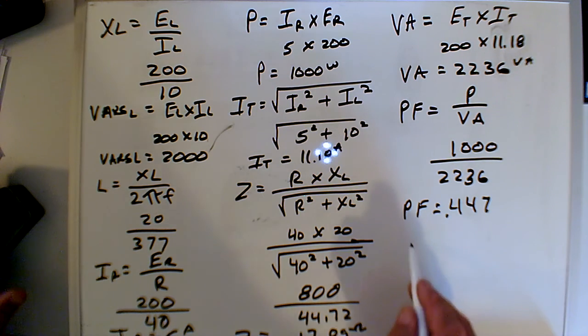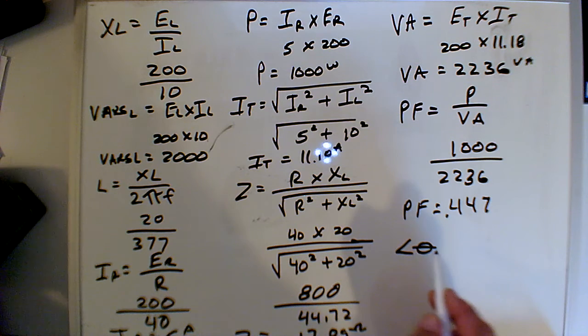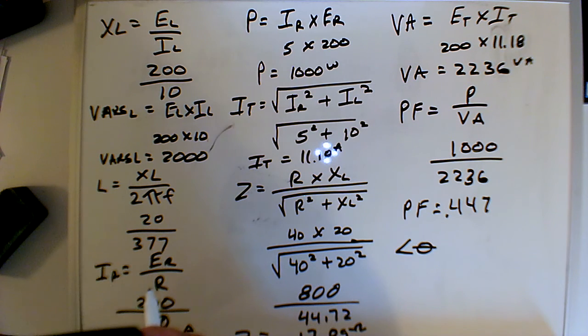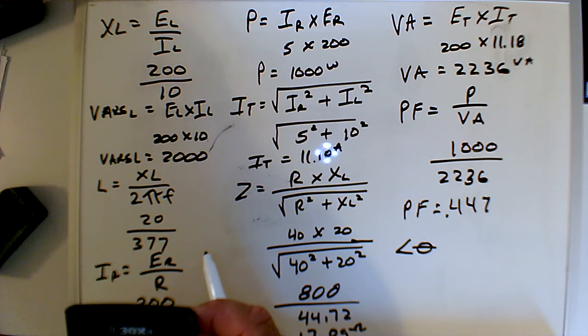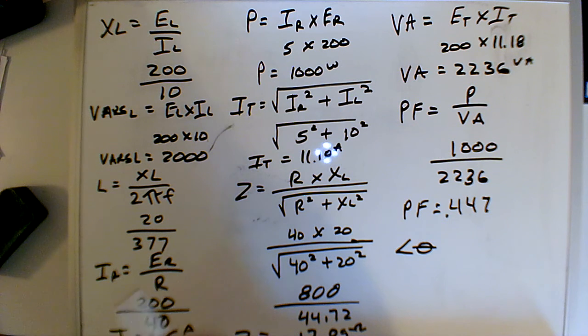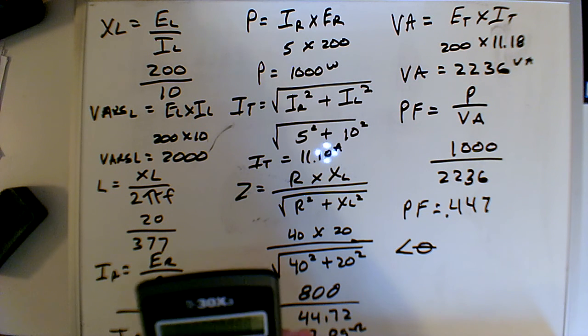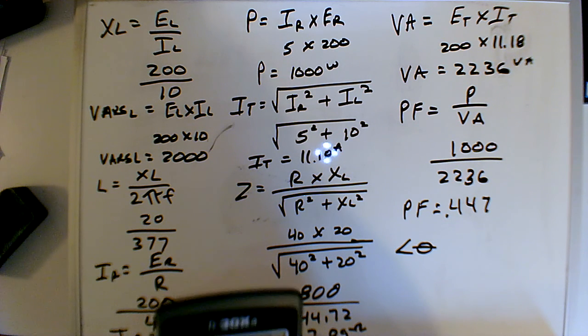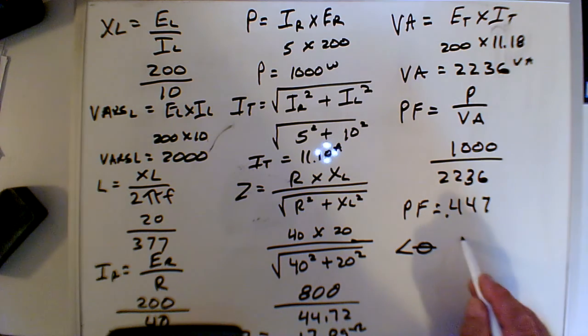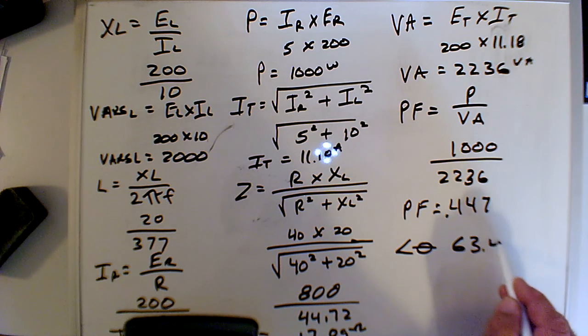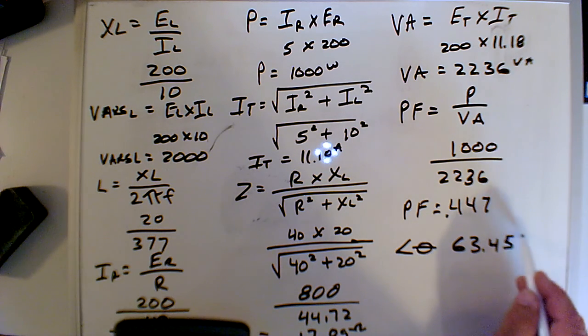And to figure out angle theta, we just hit second cosine. Something went wrong there. I'm going to try it again. 0.447 second cosine gives me an angle of 63.45 degrees.